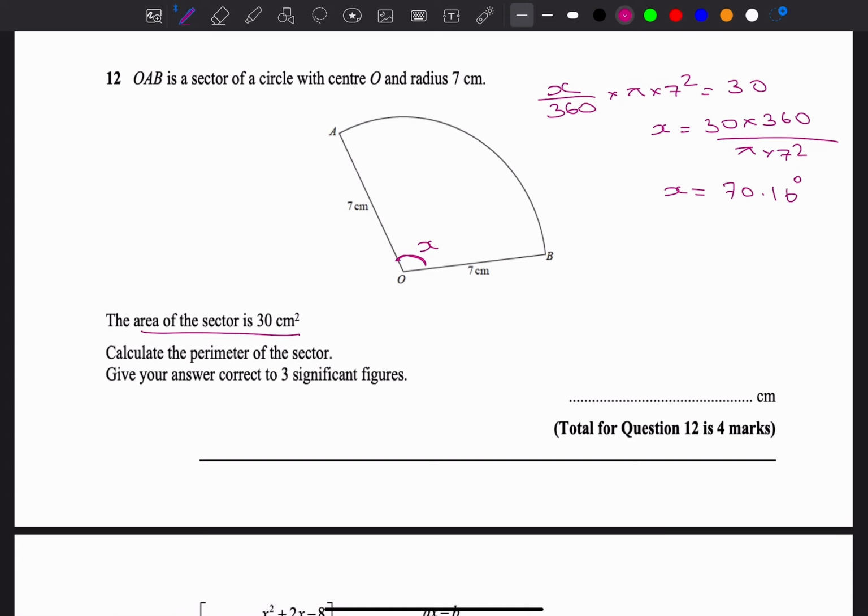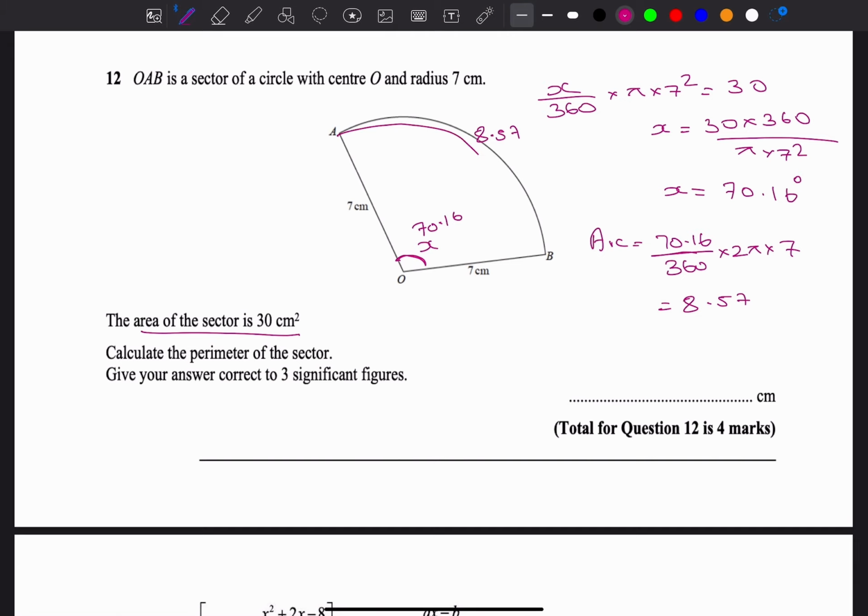70.16 degrees. So you want the arc length then, because in order to do the perimeter, you want arc length. Arc length is 70.16 over 360 times 2 pi times r, which is 7. Which will give you 8.57. So that arc length is 8.57.